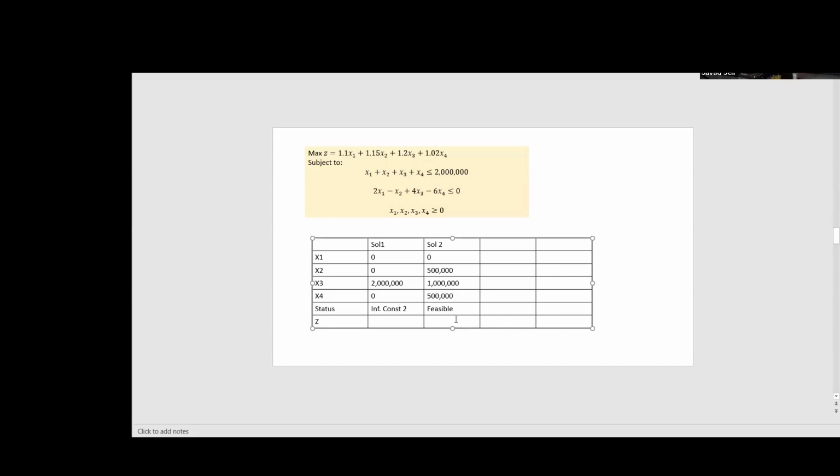And I suspect this is the optimal solution. I don't claim it, I suspect it. But I'll tell you why I think so later. Any questions so far?